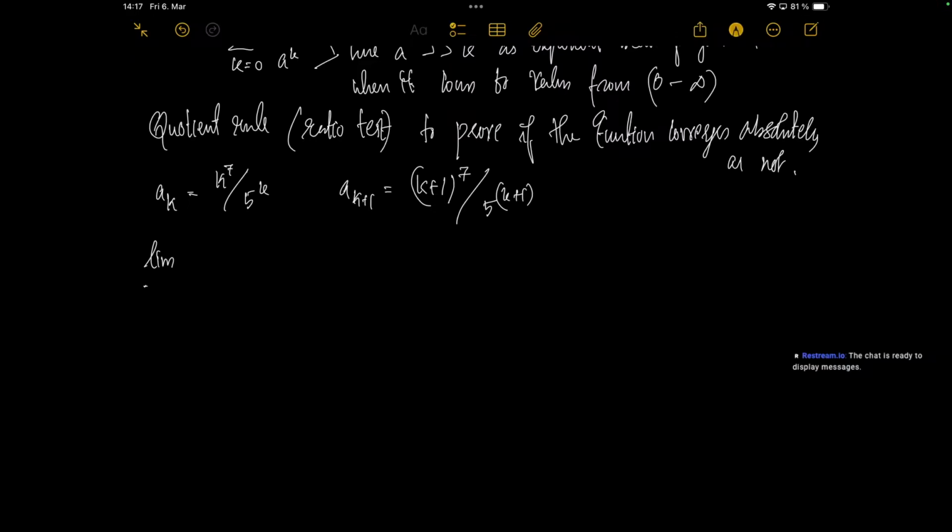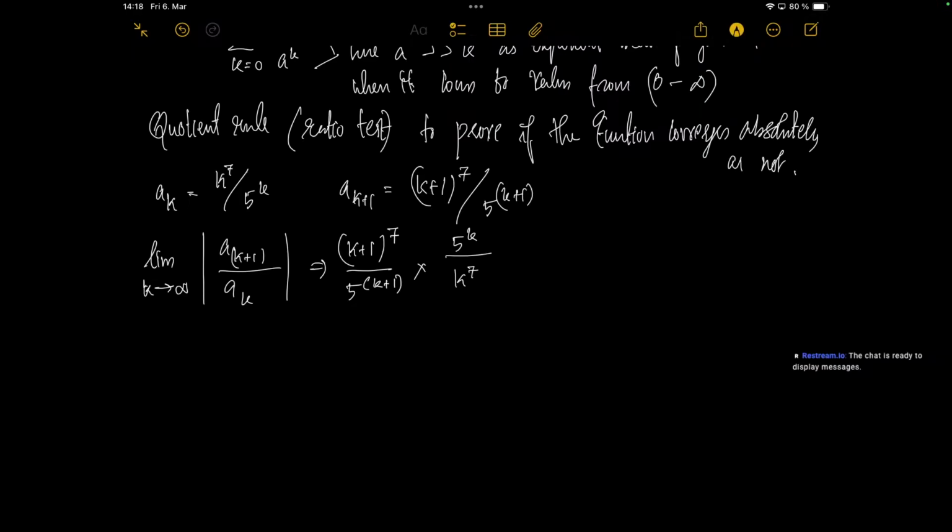Limit as k tends to infinity of a_{k+1} divided by a_k. What do we do? (k+1)^7 divided by 5^(k+1), multiplied by 5^k over k^7.